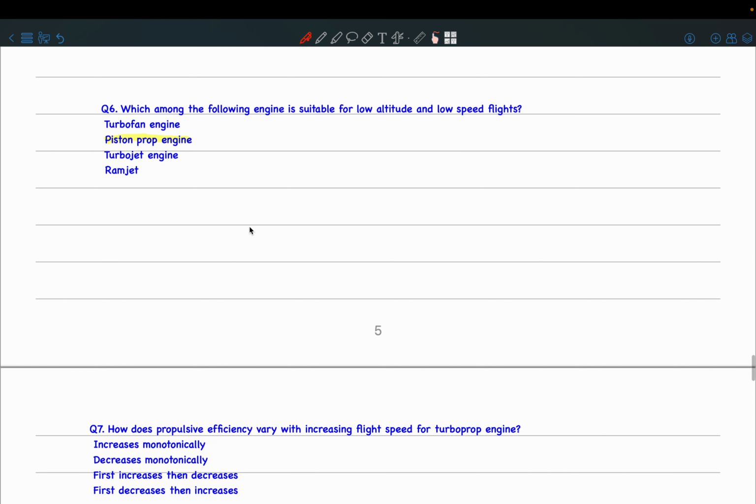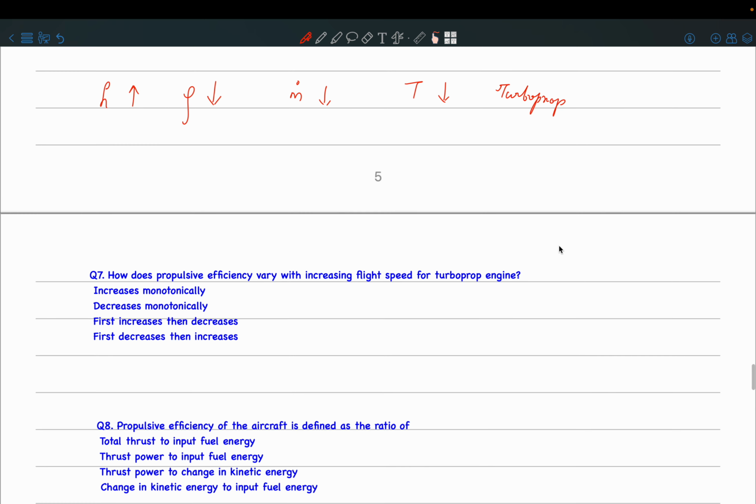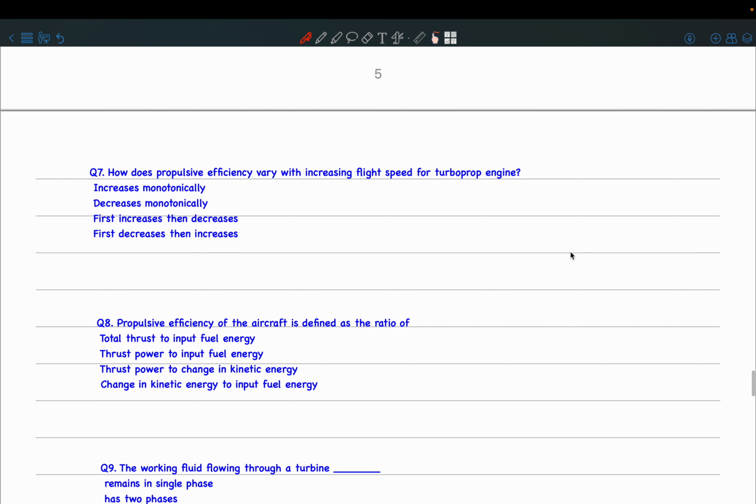Okay, why? Right. So as you increase the altitude, the ambient density decreases. So m dot decreases, and hence the thrust also decreases for a turboprop. Okay. Thank you. Then question 7.